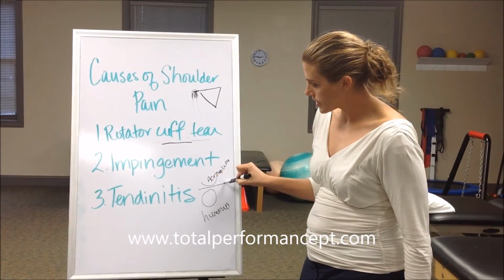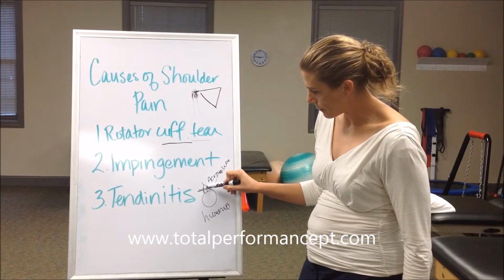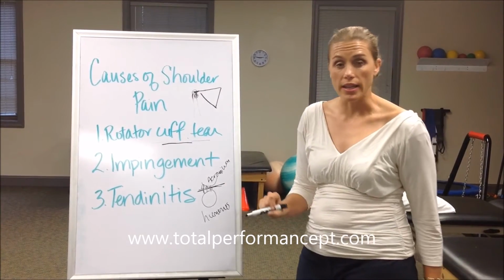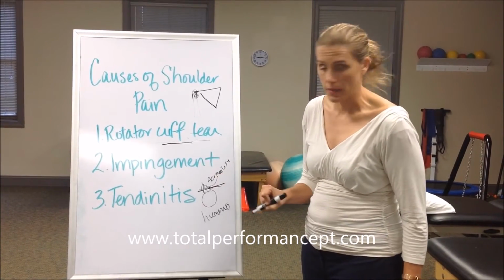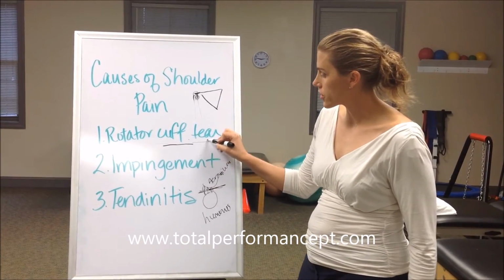When they close this gap, and this starts becoming more and more upwardly displaced, you start to get impingement. You start to pinch off this muscle. So that's why I said this is almost the precursor to that.